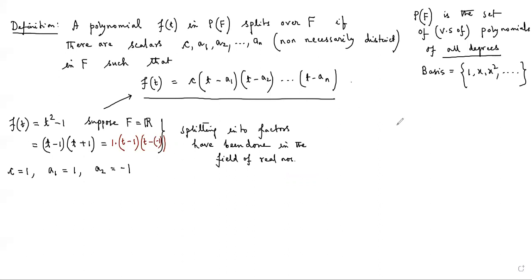Now suppose we are considering another example where I have chosen another function, say g(t), for which after factorizing the polynomial we have got this kind of thing. Two factors have been obtained, t squared plus 1 and t minus 2.